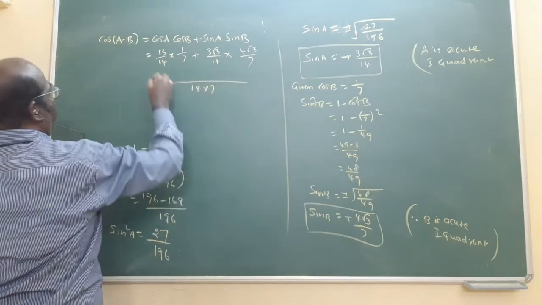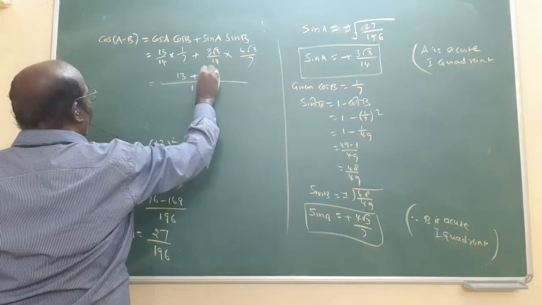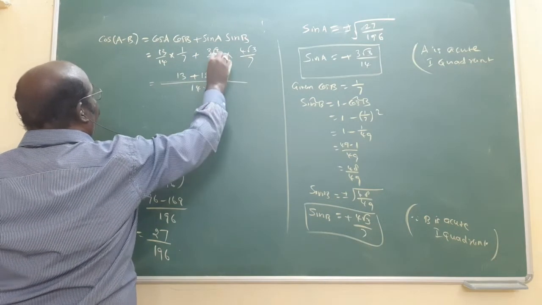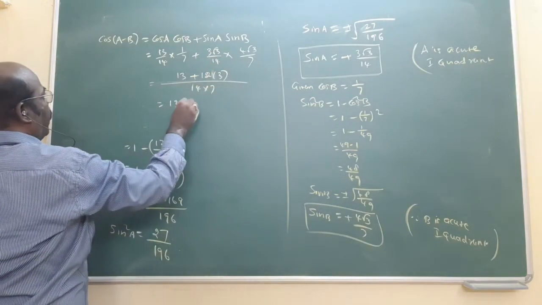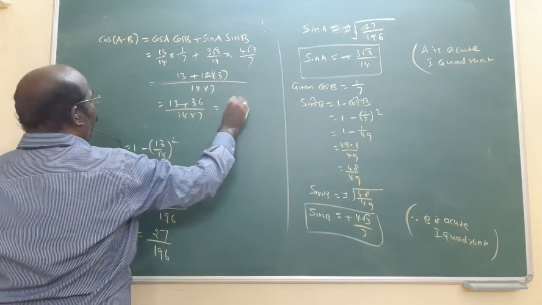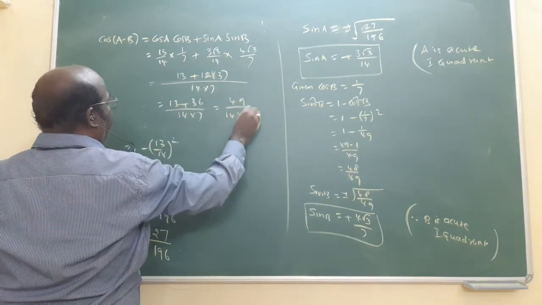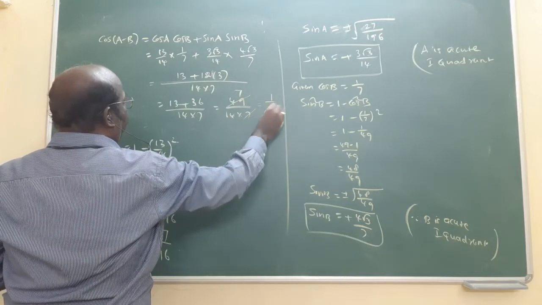Am I correct? Multiply: 13 plus 3 fours are 12, into root 3 squared, only 3. Now 13 plus 36 by 14 into 7. Now adding both, 49 by 14 into 7. 1 time 7 times, again 1 time 2 times.